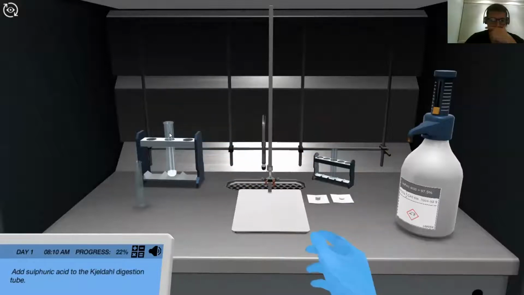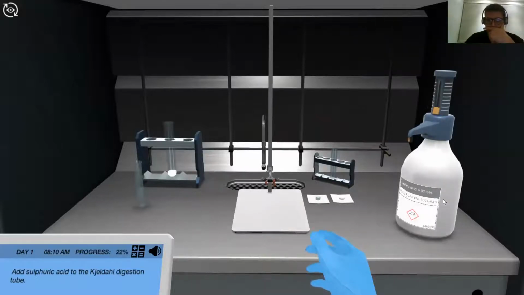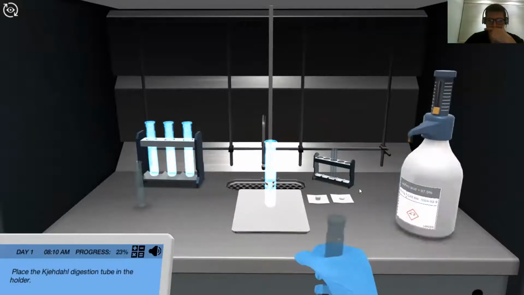Add sulfuric acid to the Kjeldahl digestion tube. Place the Kjeldahl digestion tube in the holder.